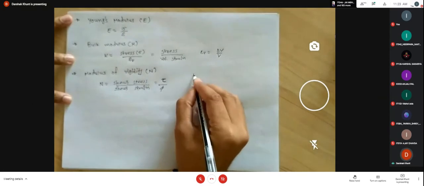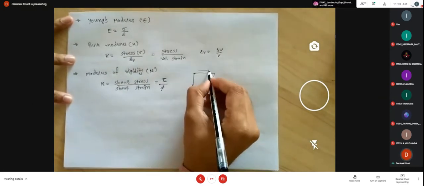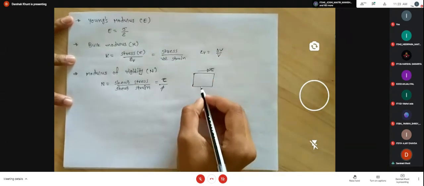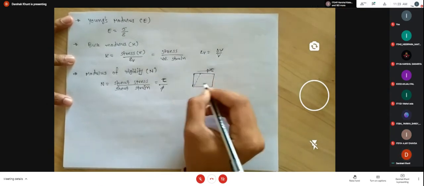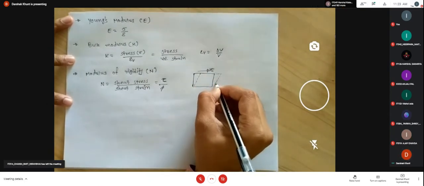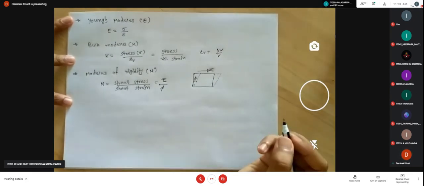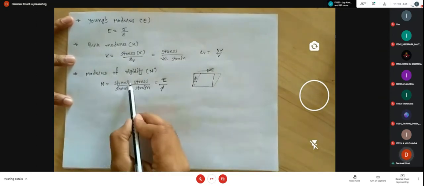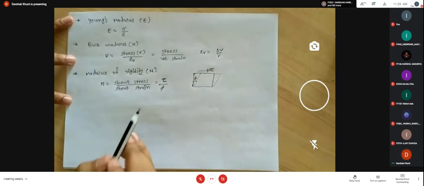Because if we consider an element like this, under the effect of this shear stress, the deformation is like this, and this deformation is known as phi, due to the shear stress. So shear stress by shear strain is known as the modulus of rigidity.